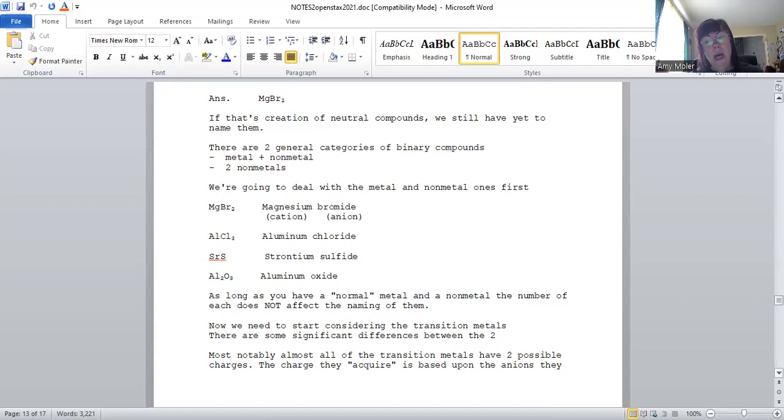Then remember, you are conjugating your second element and adding that ide ending. So bromide, magnesium bromide. No, there is no indication that there are 2 bromines there. It is considered to be an understood concept.